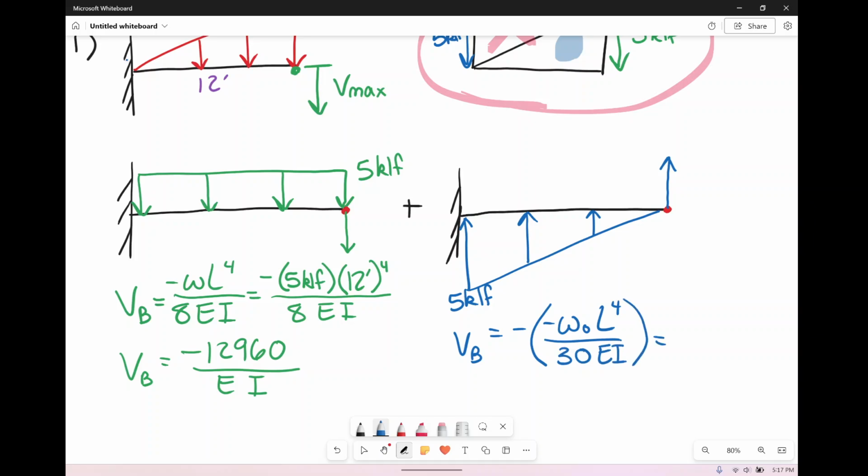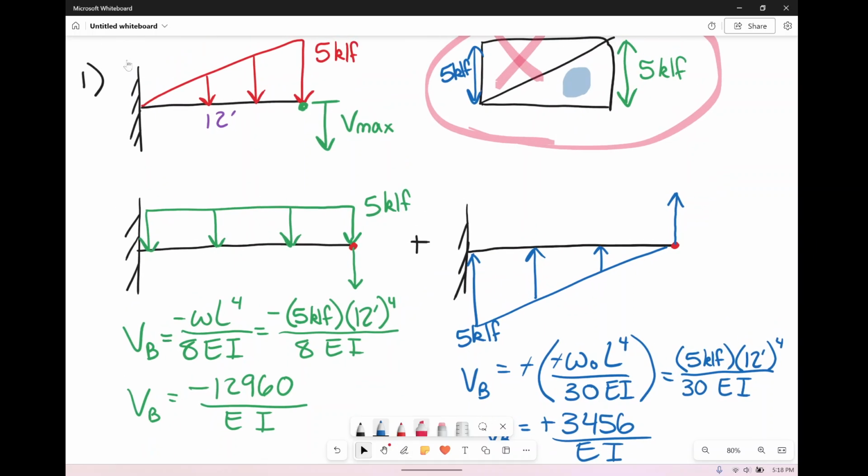So again, negative, negative, going to become positive here. So W is 5 kips per linear foot. L to the 4th, we have 12 feet raised to the 4th here, divided by 30 times EI. And I'm going to get VB for this one. Again, he's positive. He is positive 3,456 divided by EI.